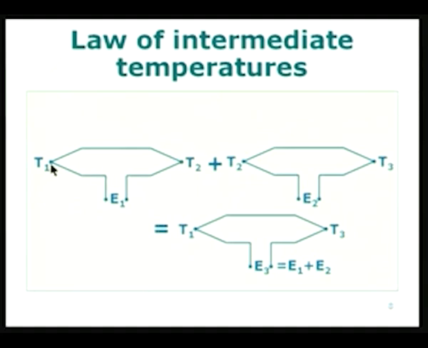Now, if you connect the thermocouple between T1 and T2, which is room temperature, it will give you some output E1, and the T2 room temperature with respect to, let us say, T3, I consider the ice point, for example. T2 with respect to ice point will give E2.